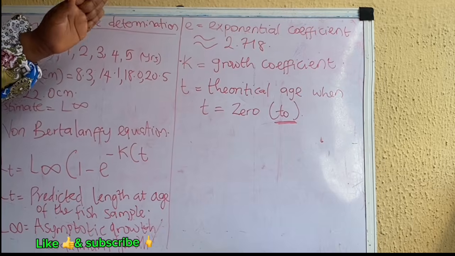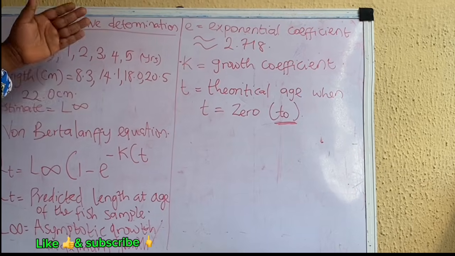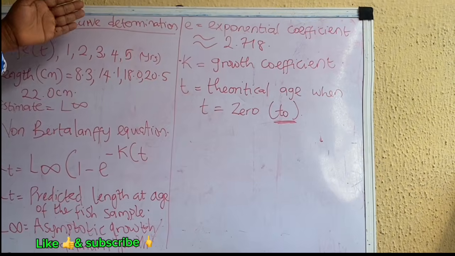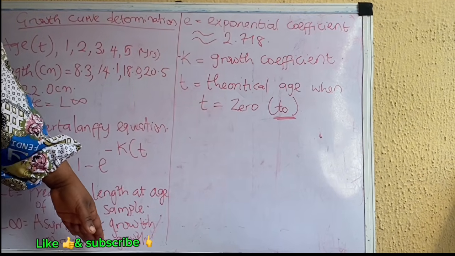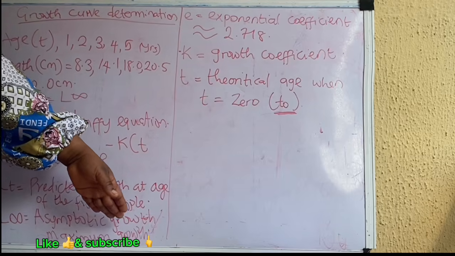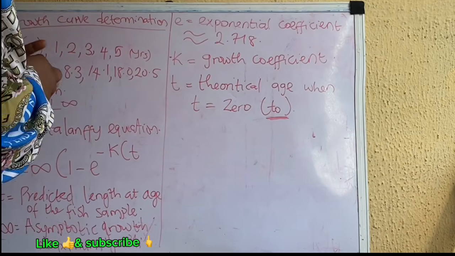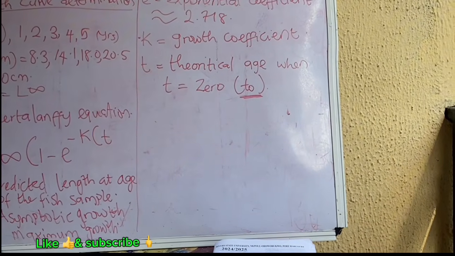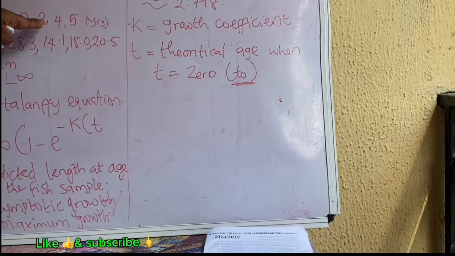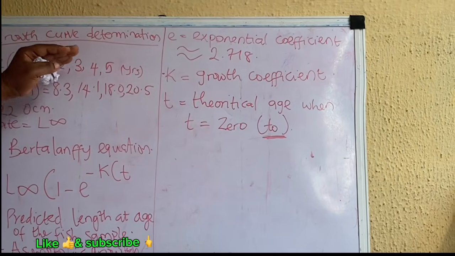So I will give you an example of a question in which you have a data set without the asymptotic length. Then I will show you how to look for the asymptotic length. Now, in the question, you've been given this age and length within a data set of a given population.